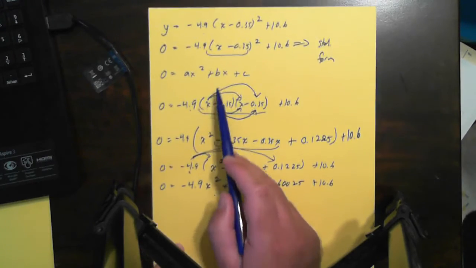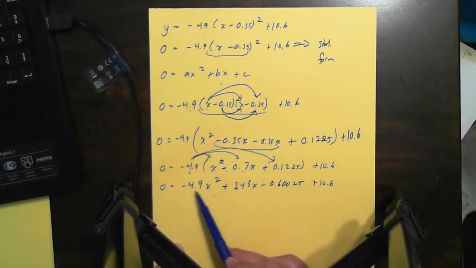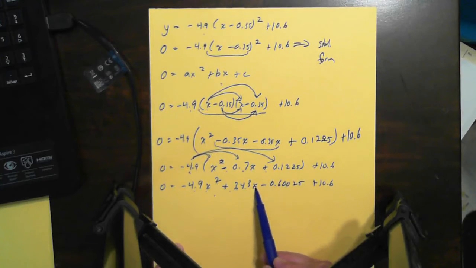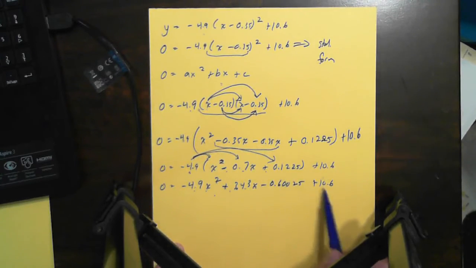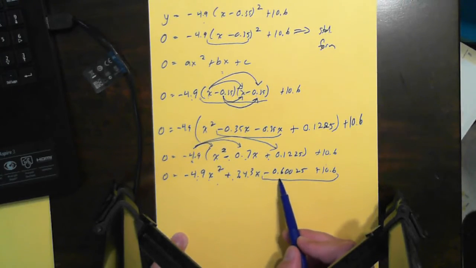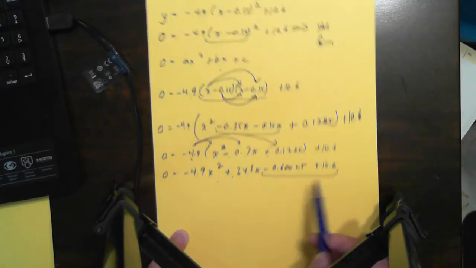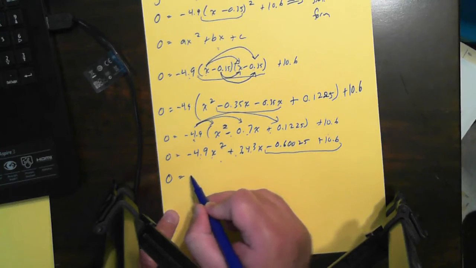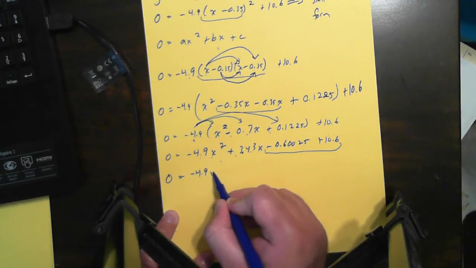So I'm starting to look more and more like standard form. I've got the ax squared plus bx, but I've got two constants here, so what I'm going to do now is group those together. So it's negative 0.60025 plus 10.6. Well, that's going to clear it up for me.